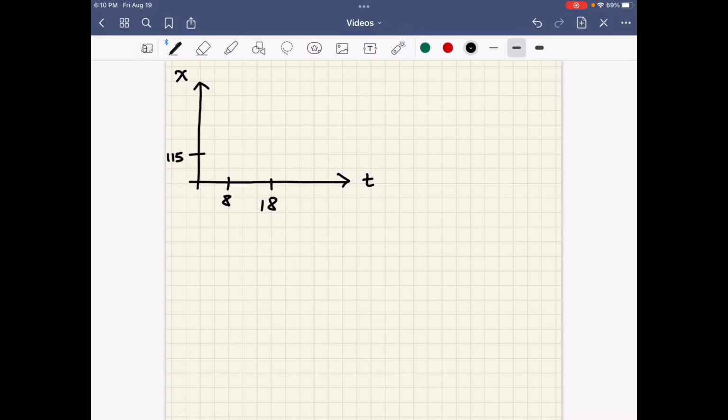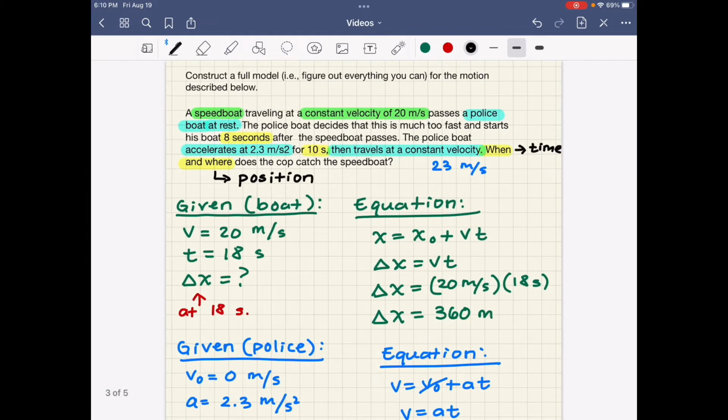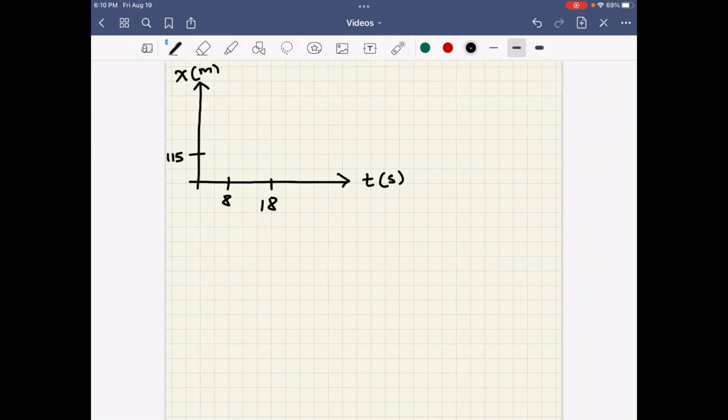Don't forget it's x in meters, time in seconds. So maybe here, not to scale, but you get what I'm trying to say.